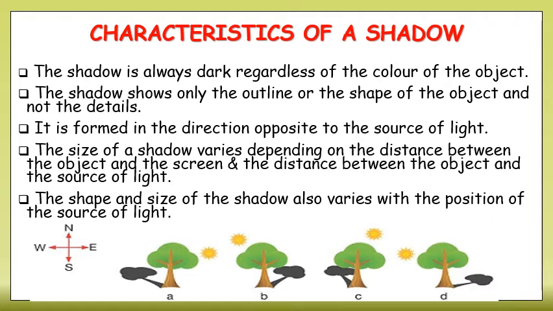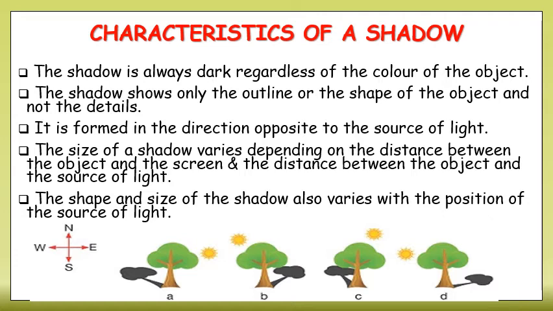Now the next characteristic is the shadow shows only the outline or the shape of the object. No details of the object can be seen in the shadow. We can only see the outline or the shape.